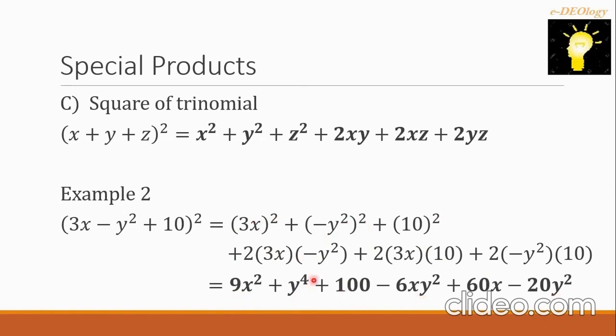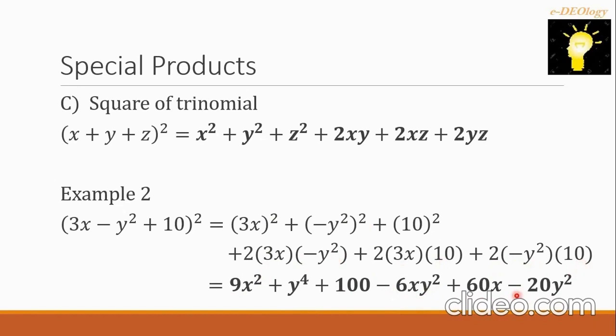For the fourth term here, I'm going to multiply 2 times 3x times negative y square. So the negative sign comes here, and then 6, and then x, and then y square. For the fifth term, I'll multiply 2 times 3x times 10. It will give 60x. And the last term, I will multiply 2 times negative y square times 10.